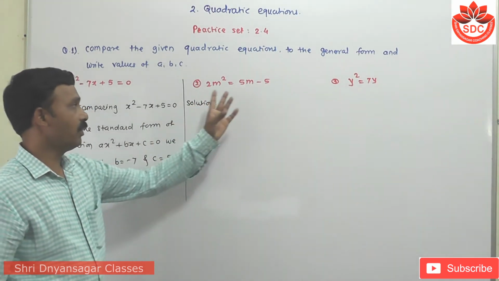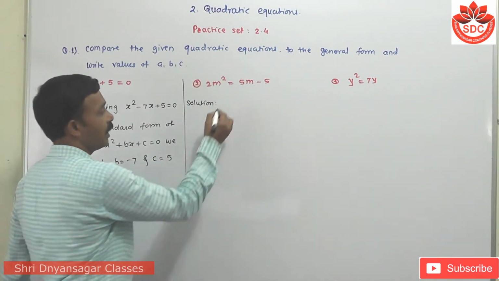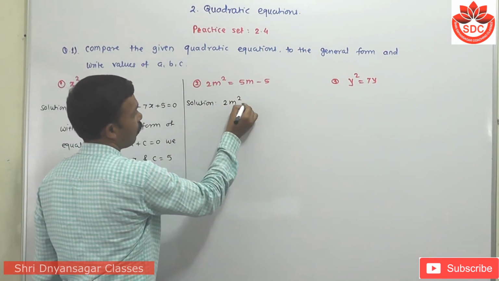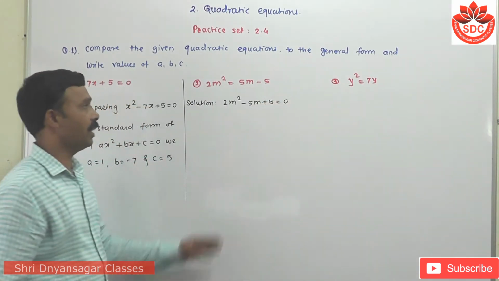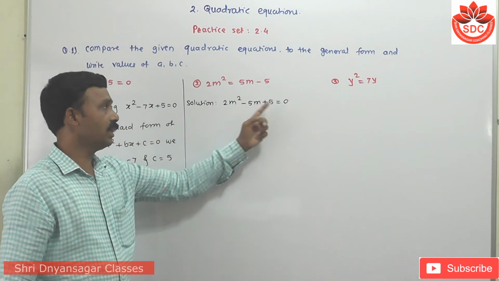Now student, first I have to transpose this to the other side. We get twice m square minus 5m plus 5 is equal to 0. Can you understand this? When you transpose, convert its signs.